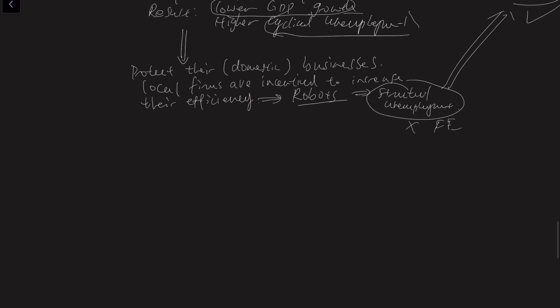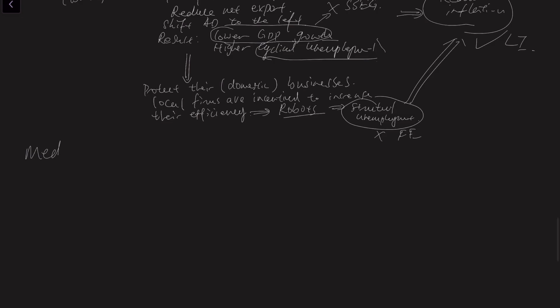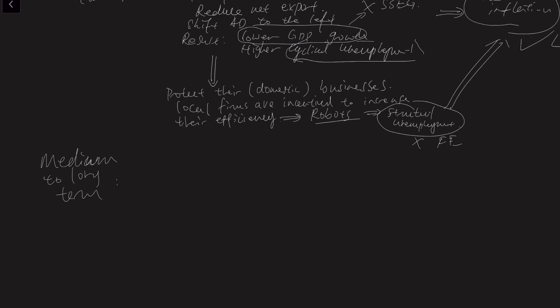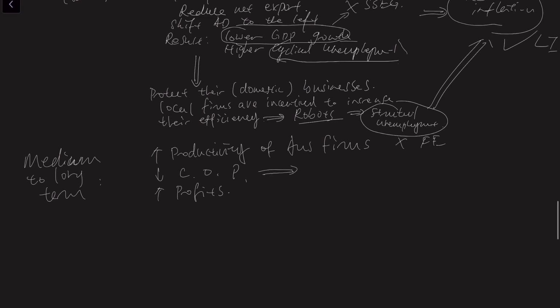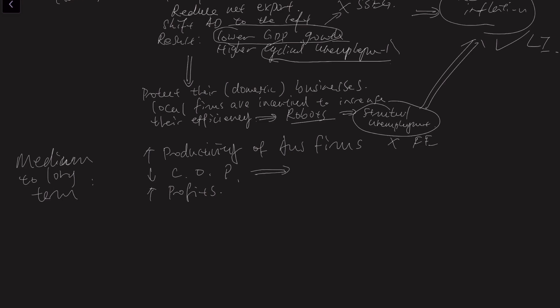The more interesting things happen in the medium to long term. So a higher productivity of Australian firms would cause a decrease in cost of production. So local firms' profit would increase. And we know that cost of production is actually an aggregate supply factor.